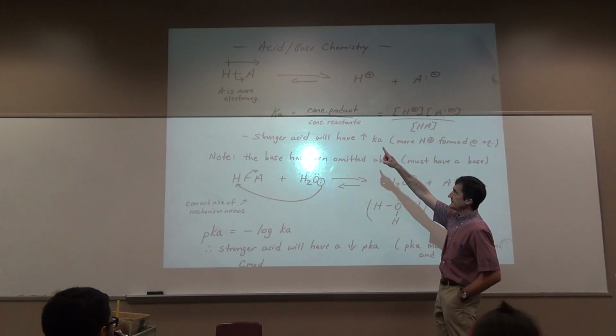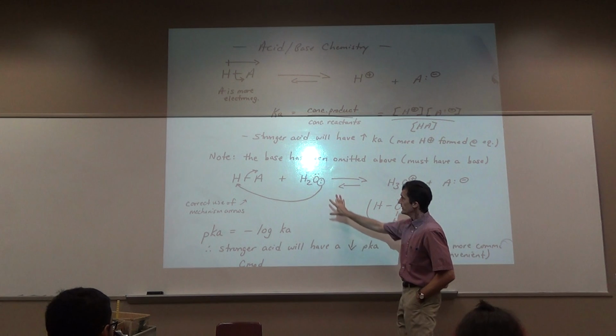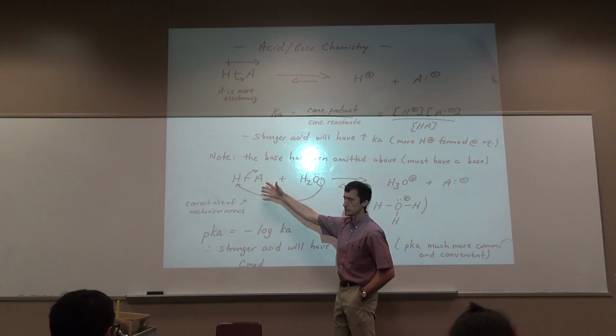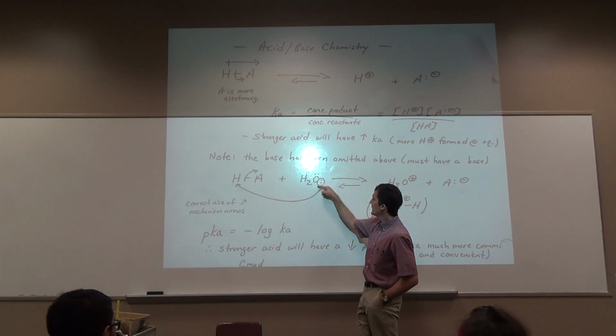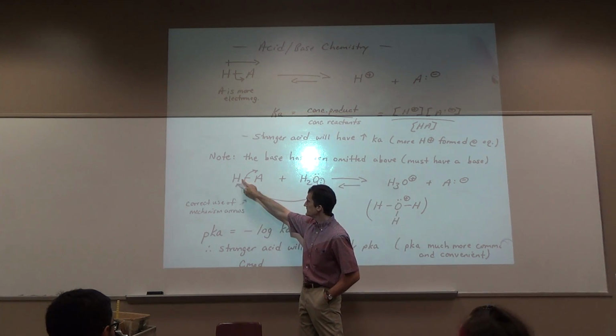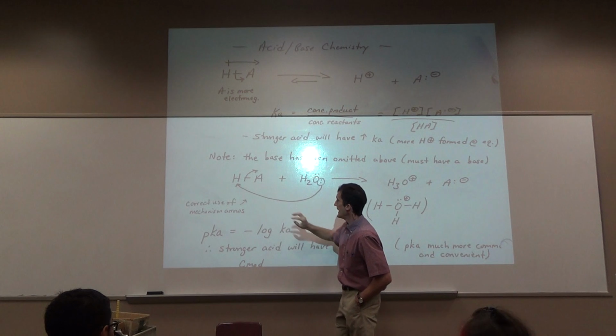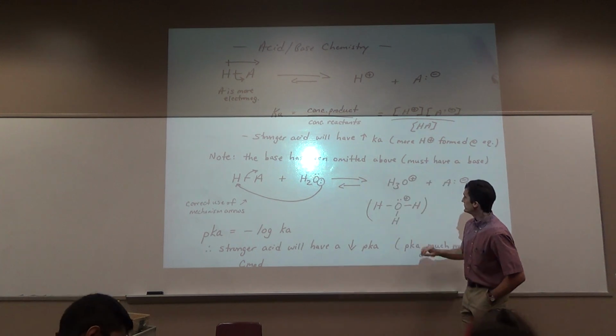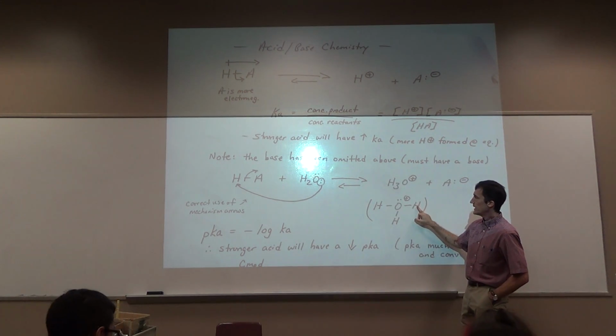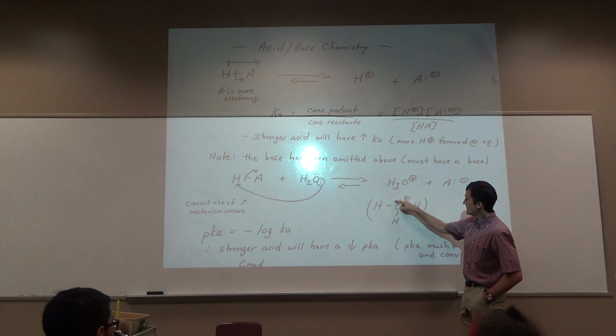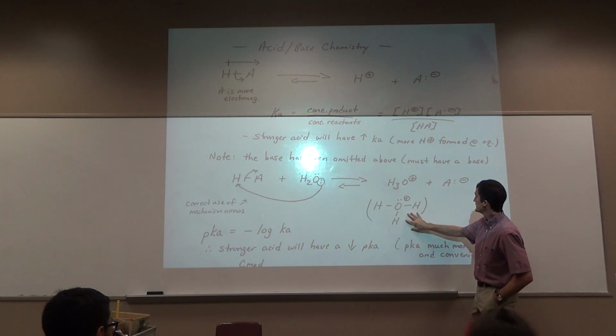Of course, for any acid, you must have a base. Here I'm showing water as a base, and here's your good old acid-base mechanism. Lone pair, these electrons may bond to H. These electrons move on to A as a lone pair. And so now the oxygen has made an additional bond to H. Lo and behold, there's now a positive charge here.